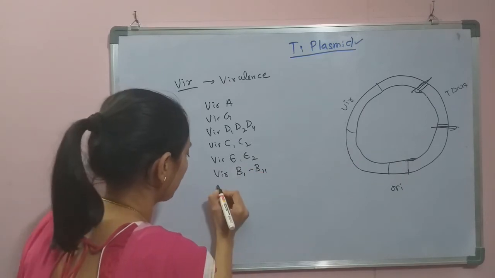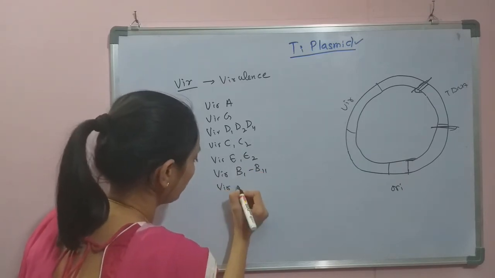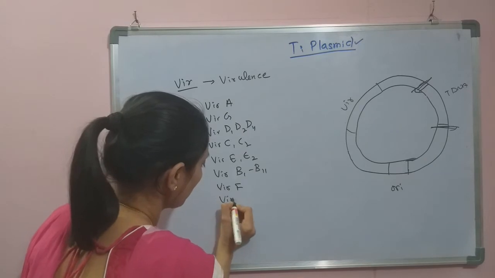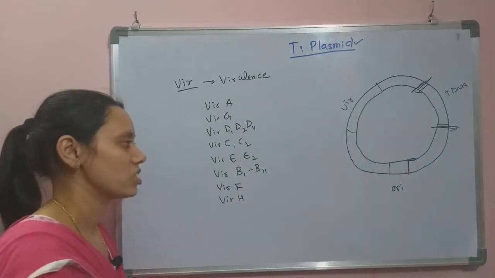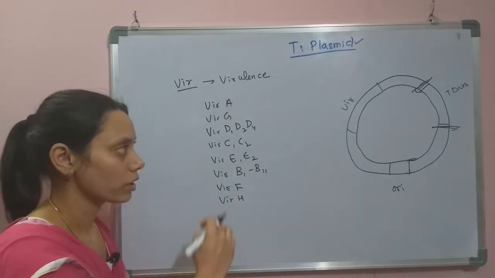There are many genes, and Vir F, Vir H. These are the genes most possibly present on the Vir region.